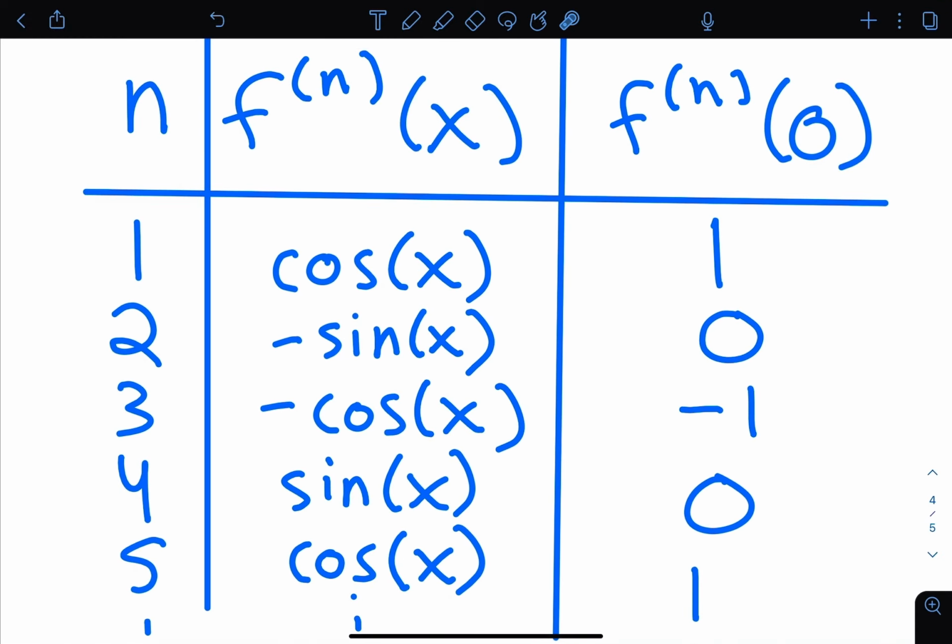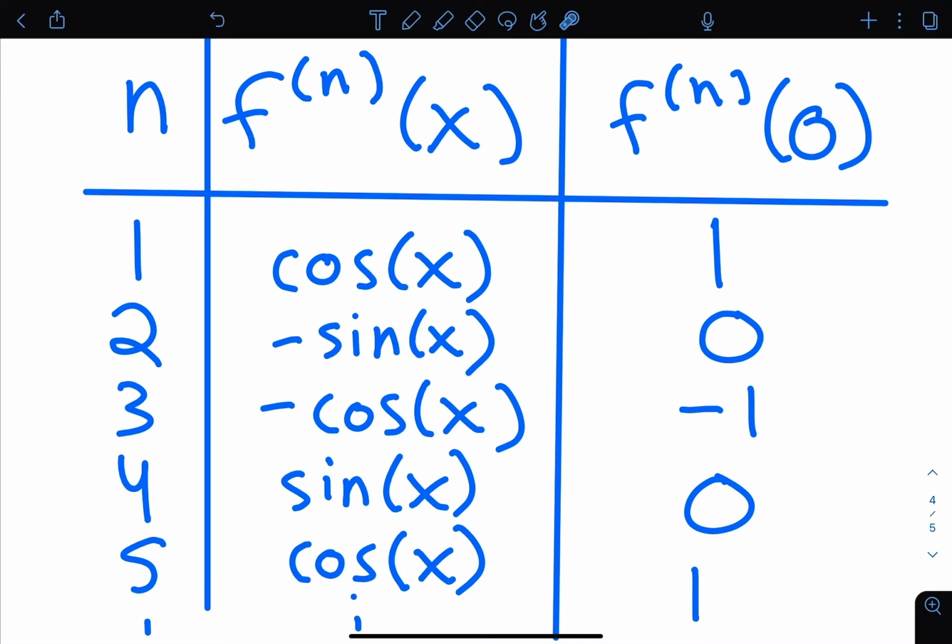Now, plugging in 0, this is just unit circle time. Cosine of 0 is 1. Negative sine of 0 is 0. Negative cosine of 0 is negative 1. Sine of 0 is 0. And then it's going to repeat after that.